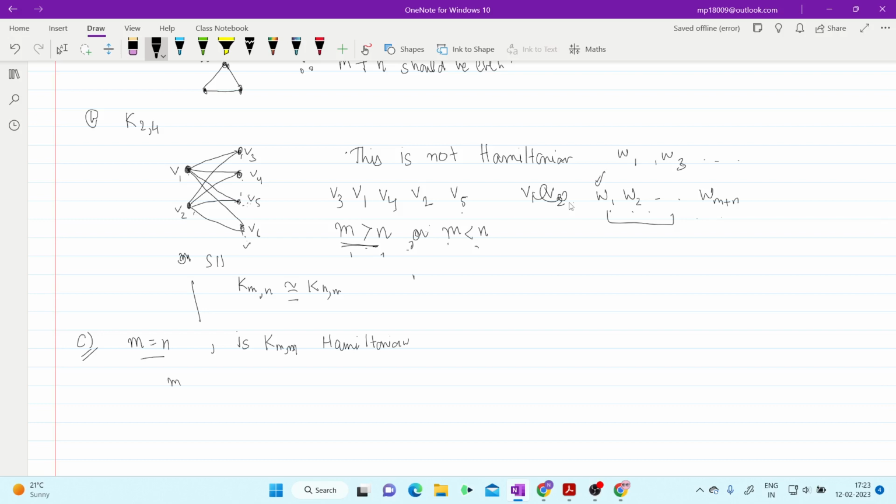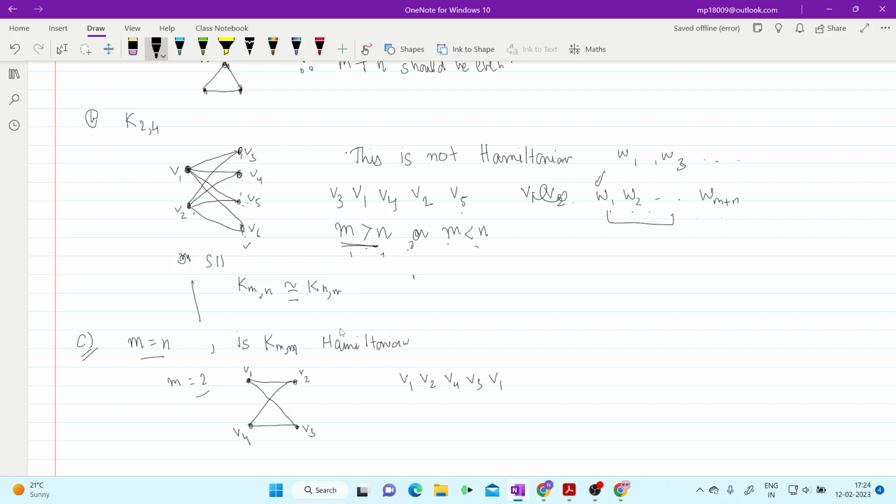Suppose first I take m equal to 2. My graph will look like this. Is this graph Hamiltonian? Yes. What will be the cycle? If I label the vertices, our cycle will be V1, V2, V4, V3, V1.